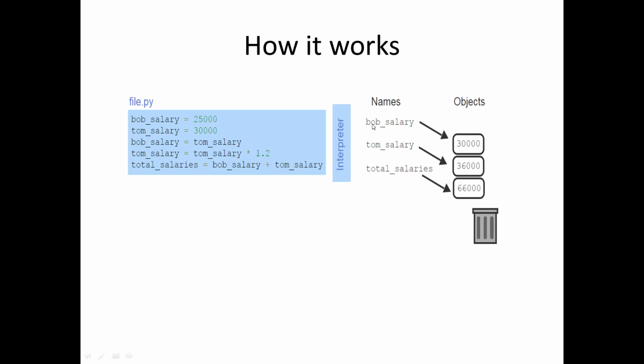So now we have Bob's salary equal to $30,000 instead of its previous $25,000. The next statement says Tom's salary equals Tom's salary times 1.2. Notice how $36,000 is now in memory for the variable Tom's salary. This following expression, total salary equals Bob's salary plus Tom's salary, will result in $66,000 going into the variable total salary in memory.